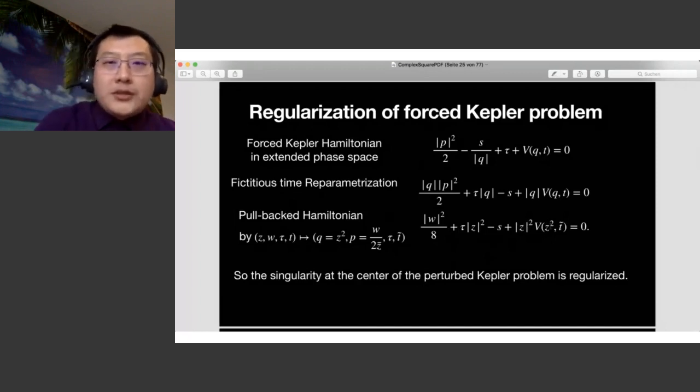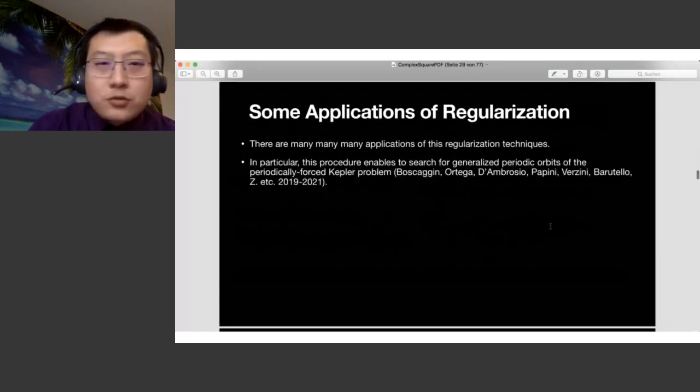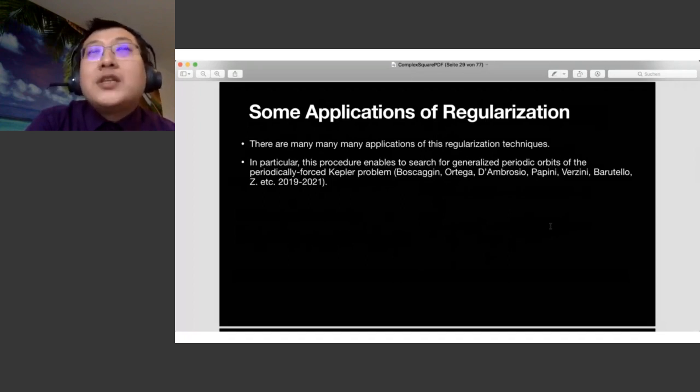So it is essentially this procedure which has been used to study the problem of finding the so-called generalized solutions of a periodically forced Kepler problem. We see that in the Kepler problem we have these collision-ejection orbits, which somehow naturally brings a regularization to collisional orbits.